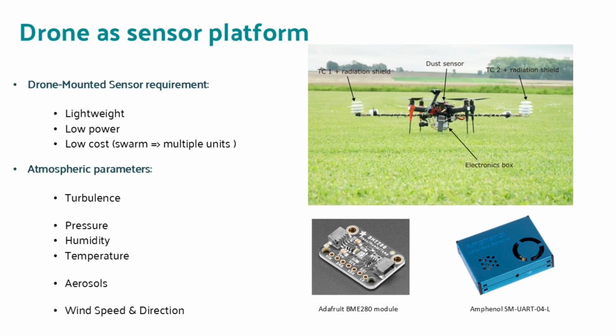Pressure, humidity and temperature are measured using a small commercial sensor module, namely the Adafruit BME 280. Aerosol concentration is measured with a commercial indoor air quality sensor from Amphenol, which can even provide a distribution of particle sizes. Finally, wind speed and direction are estimated by the drone itself, based on how much it tilts in response to the wind during flight.